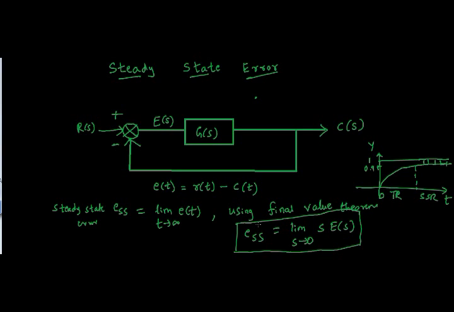Also we'll see what the steady state error is for different types of signals such as step input, ramp input or parabolic input. Let's calculate that. Let's simplify this block diagram and get the value for E(s).